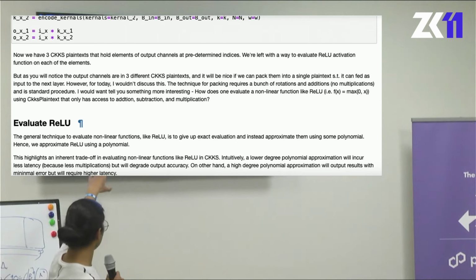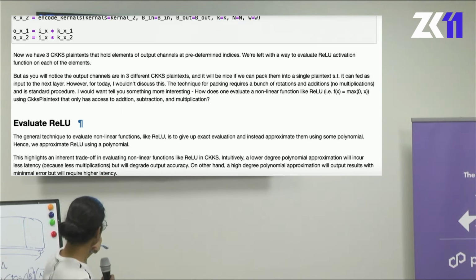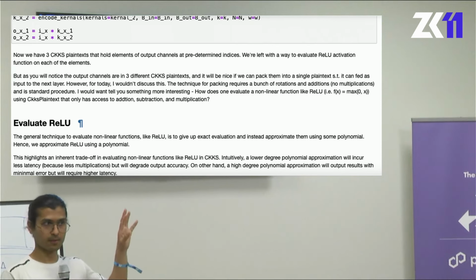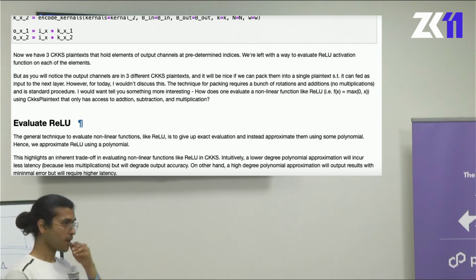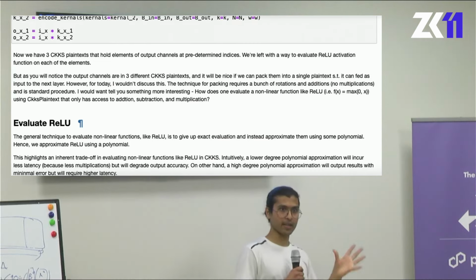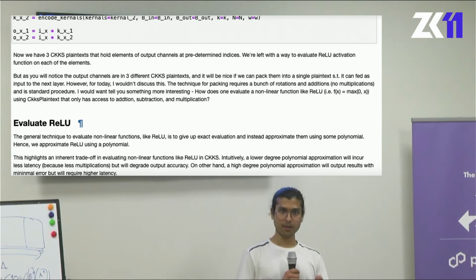Are you familiar with the ReLU activation function? Okay, so once we have done this convolution, the second part in the convolution layer is to evaluate the activation function of the output elements.